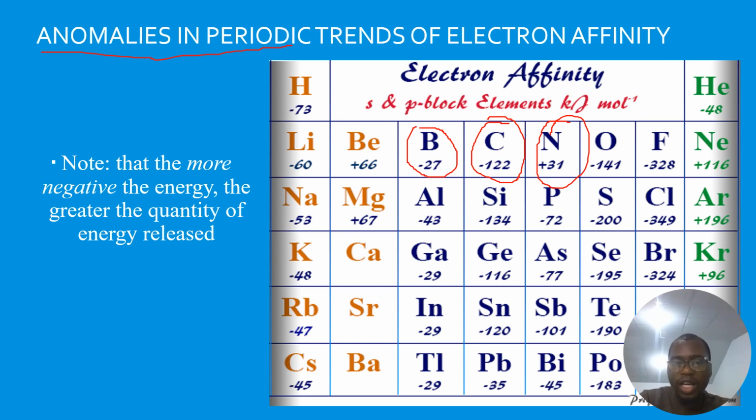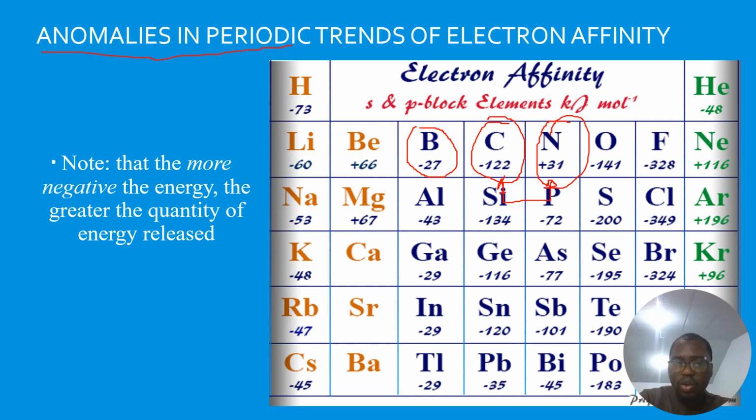So under normal circumstances, we expect nitrogen to be more negative, meaning a higher electron affinity. But this isn't the case. Carbon is more negative than nitrogen. Now, what we want to find out is the reason why. We should be able to explain these anomalies, and that is what we are going to explore in a short while.